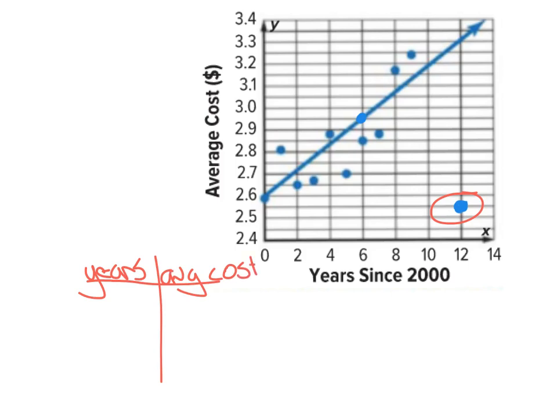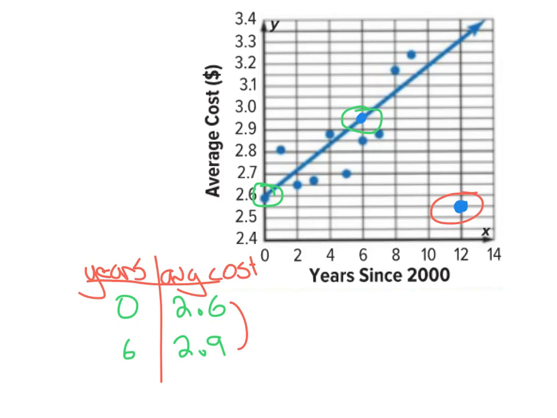So I'm going to use 2 points from my graph. The first point I'm going to use is 0, 2.6, and the second point I'm going to pick from my graph is 6, 2.9. When you are finding your slope, you must pick 2 points that are on your line to get the best equation.